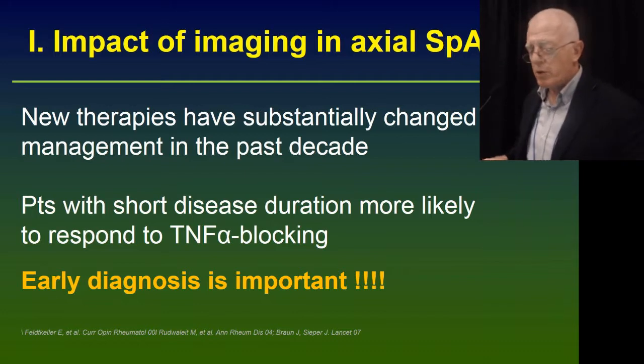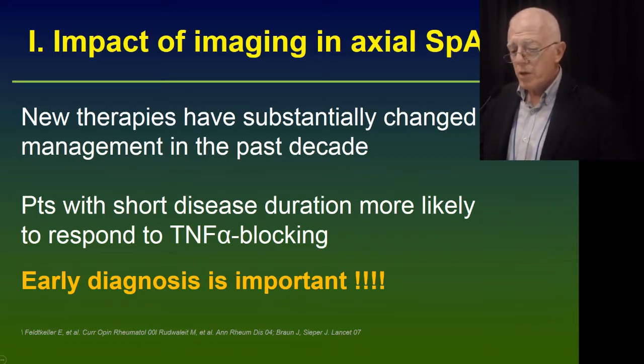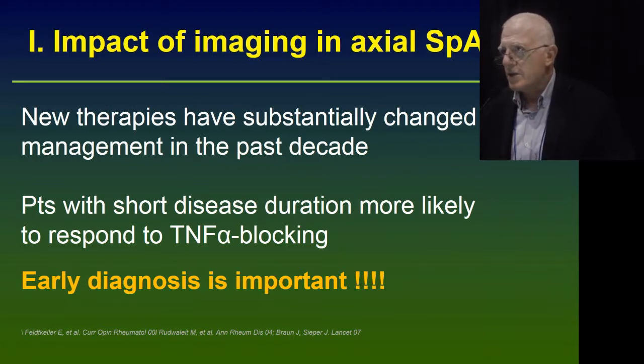It is important because during the last 15 years, we have new treatments which have changed the management of this entity. And it has been changed with the anti-TNF medications. But these are very efficient if we pick up the disease in the very early stages, before radiological findings.